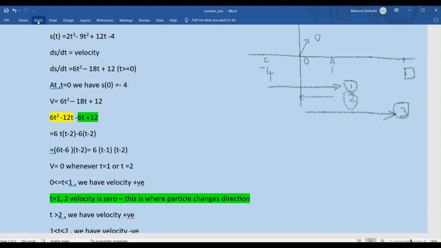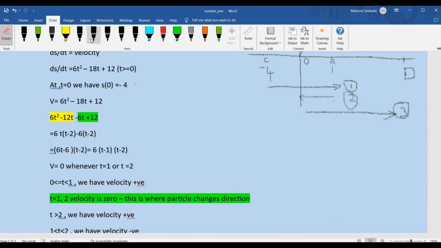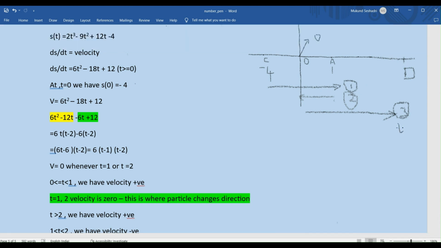And this is where we are when t equals 4. And this is t equals 2.